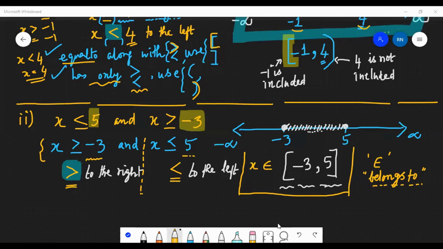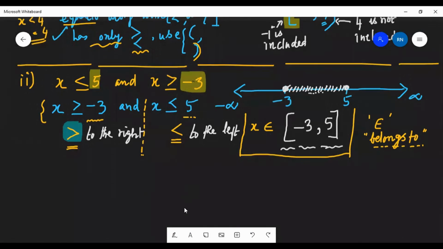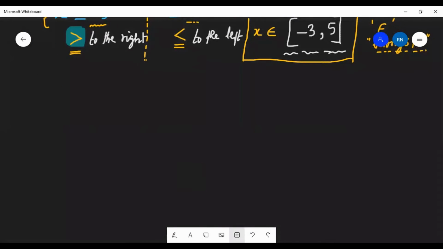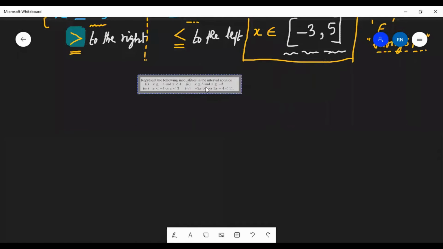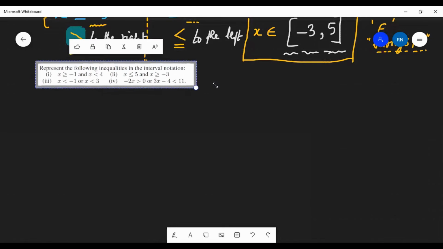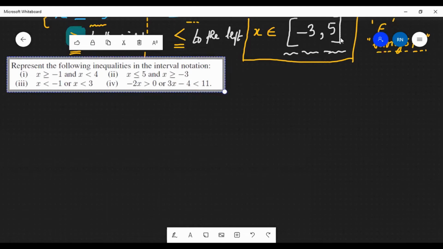And thirdly, x less than -1 or x less than 3, both are there. And there is a word, probably that word is a bit confusing. Yeah, there is a word or. Repeating the question so that what we pasted earlier, which might be out of sight.